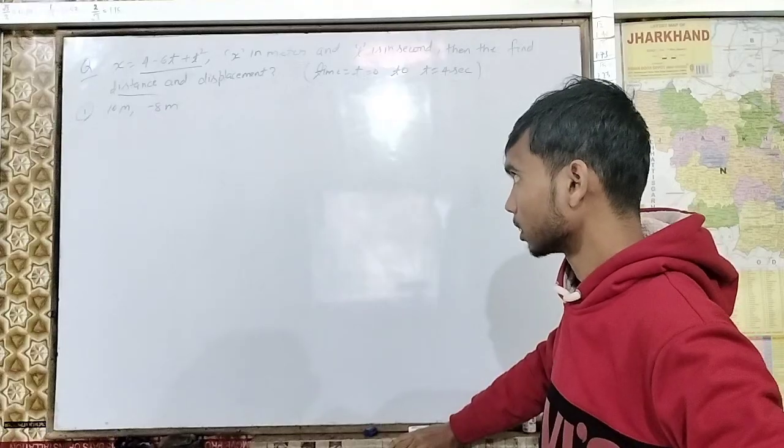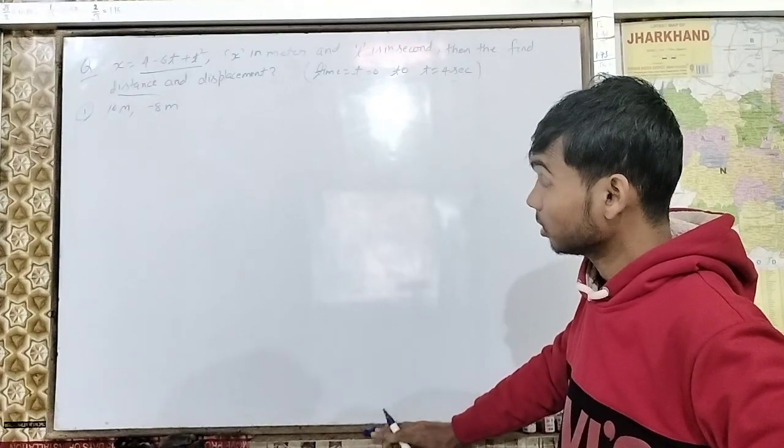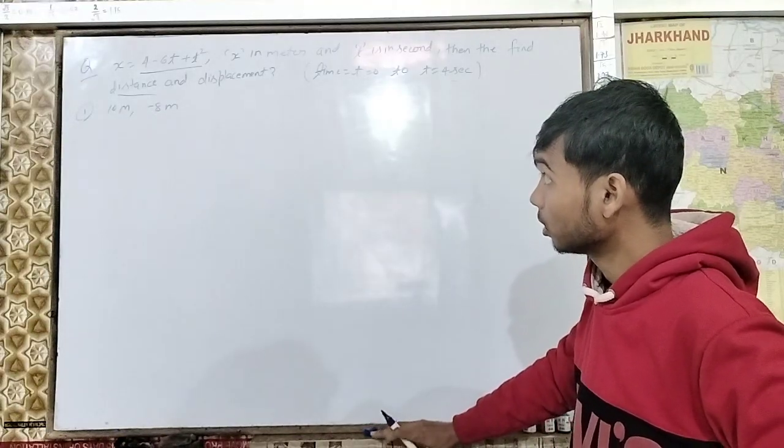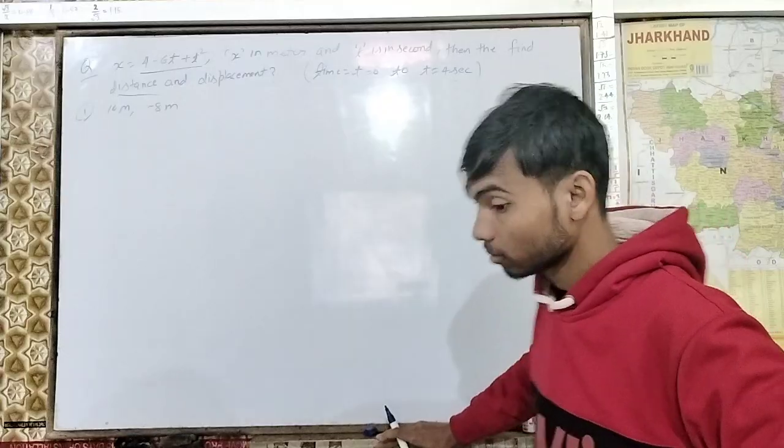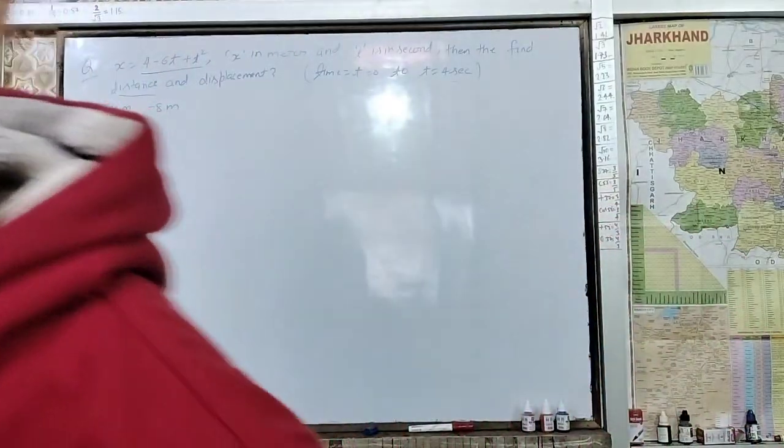10 meter minus 8 meter. What did you understand? Whatever is given by the equation, just write. So x is given as 4 minus 6t plus t square.